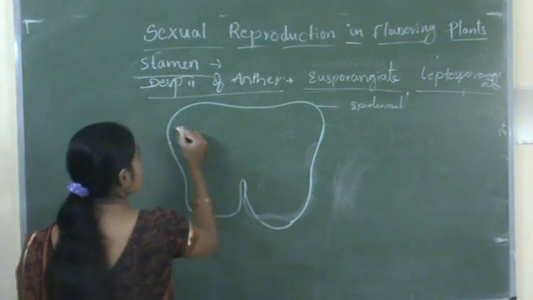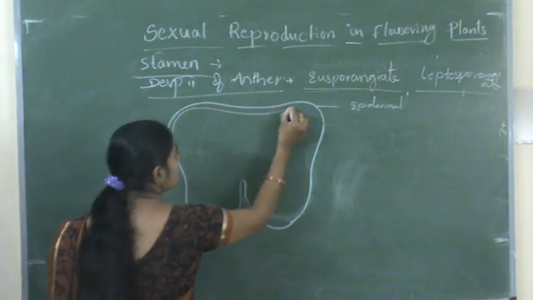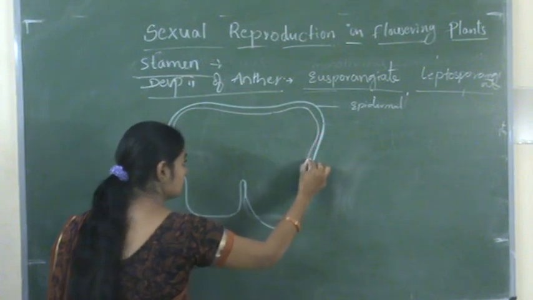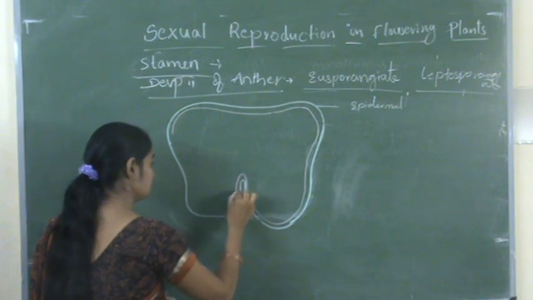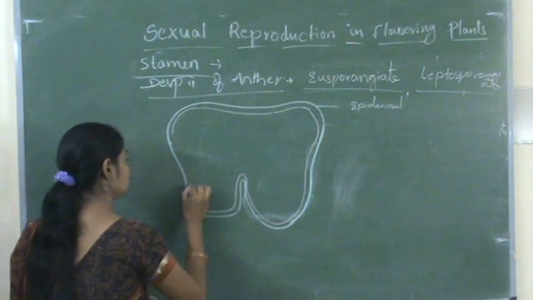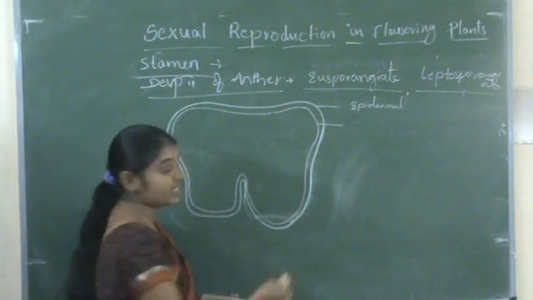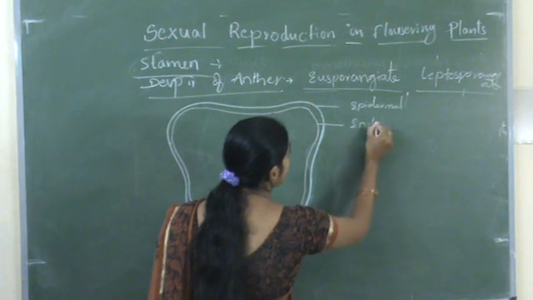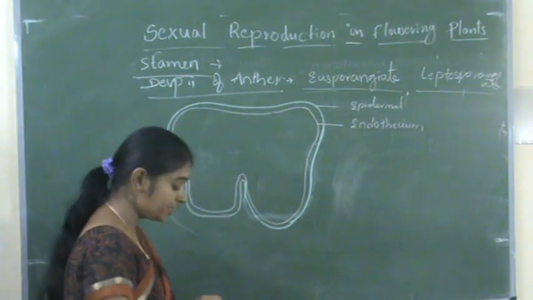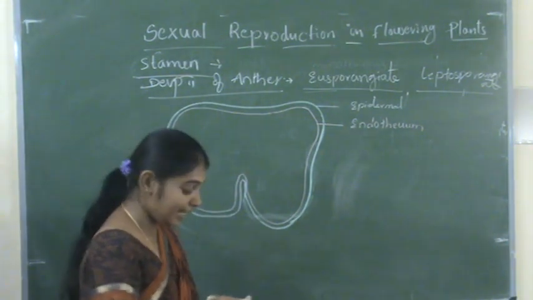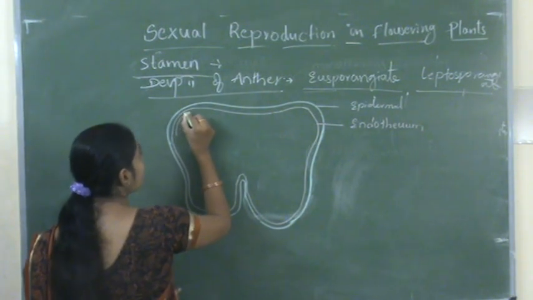The next layer inner to this epidermis is one more single layer, called the endothecium. Inner to that there are 1 to 6 layers, which are called middle layers.